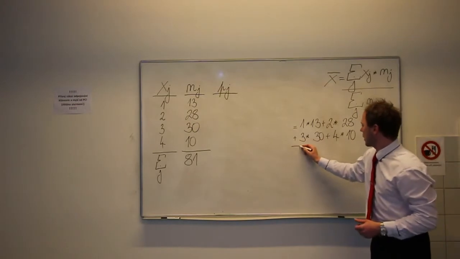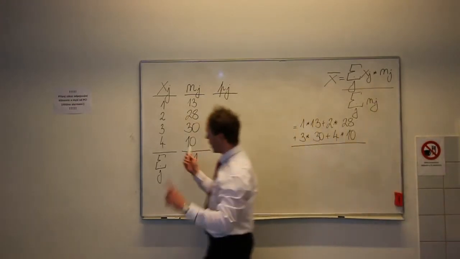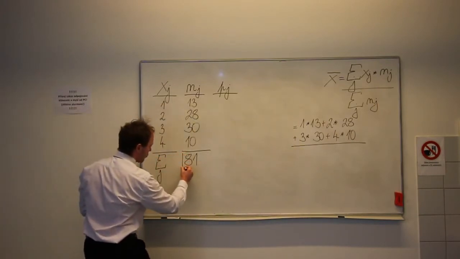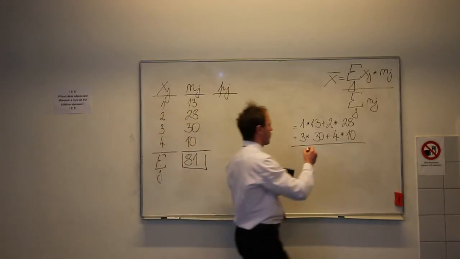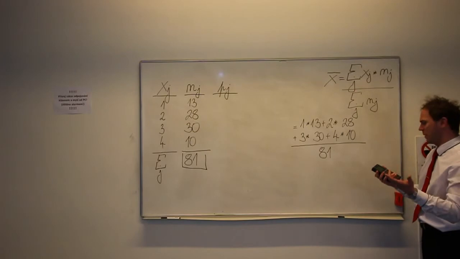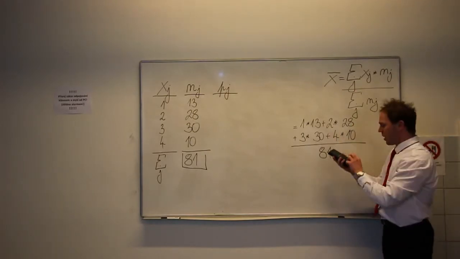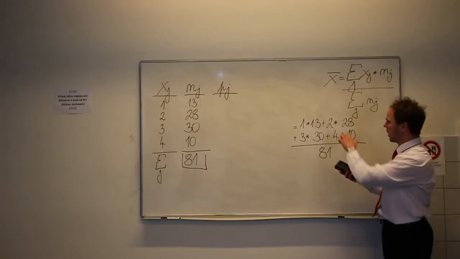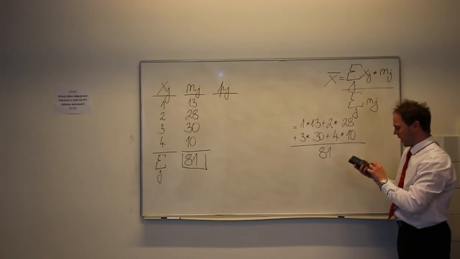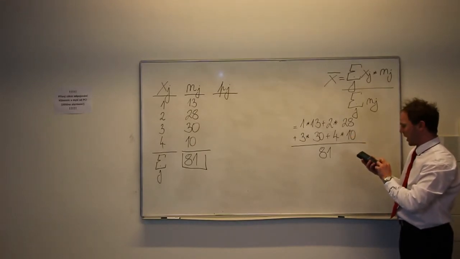And in the denominator, summation of nj is 81 students, so you can write it here, 81. Again, multiplication has bigger priority than summation, so 1 times 13 plus 2 times 28 plus 3 times 30 plus 4 times 10.